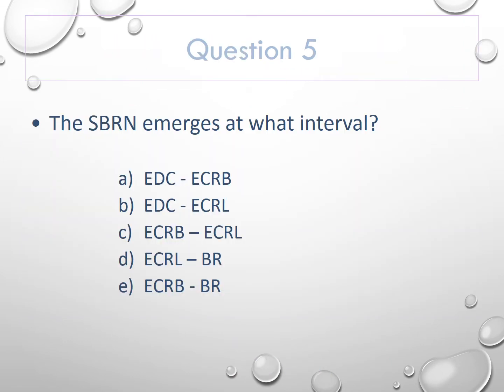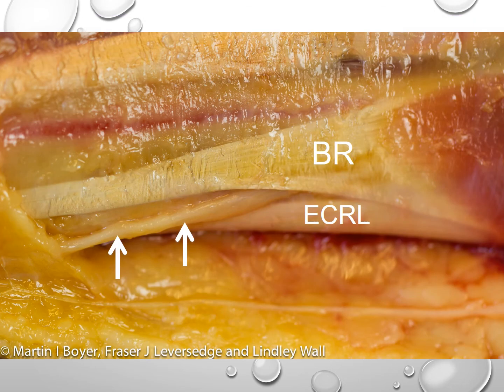The superficial branch of the radial nerve emerges at what interval? The ECRL and brachioradialis. Here's another nice anatomic dissection showing the superficial branch of the radial nerve coming out of the interval of the brachioradialis and the ECRL.